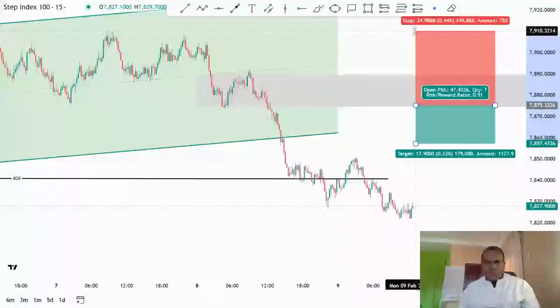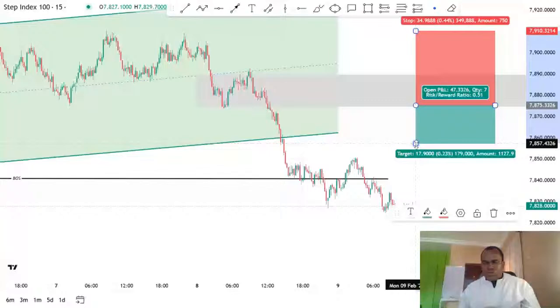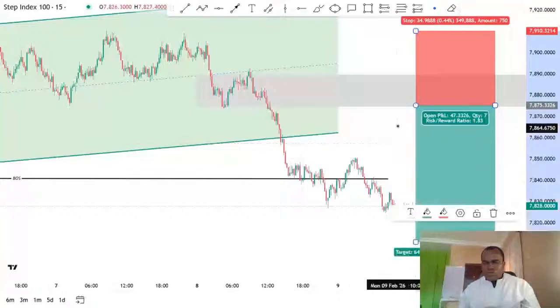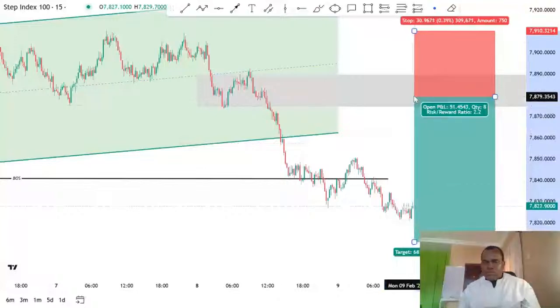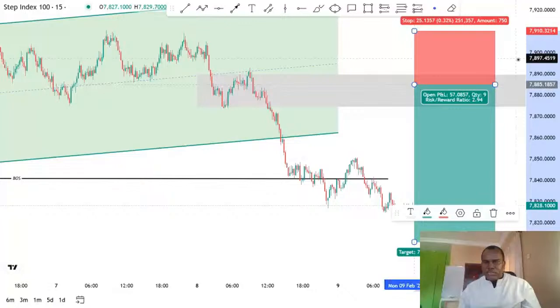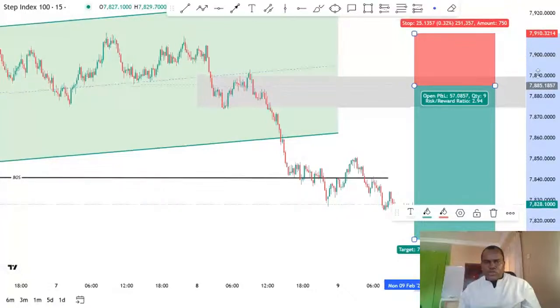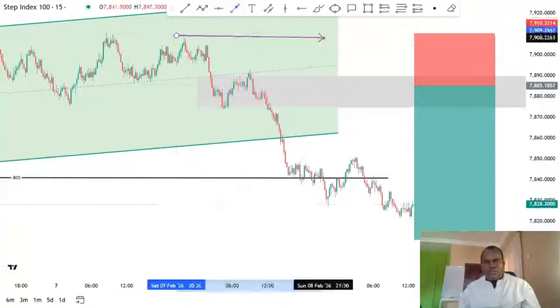You take an entry if price comes into this zone, and then your stop loss should be above this high.